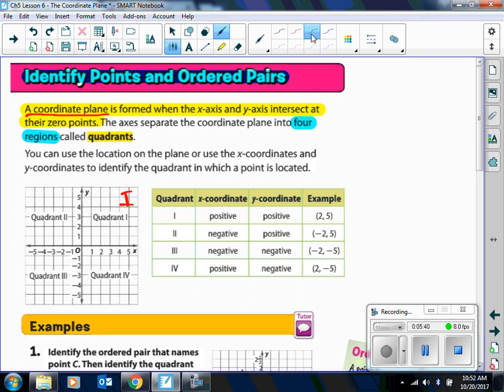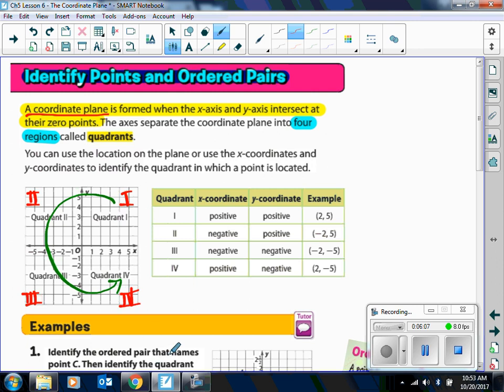The coordinate plane starts with a C, right? So if you go from the quadrant 1 to quadrant 4, does everybody see this? So quadrant 1, then quadrant 2 over here, quadrant 3, and we write them as Roman numerals. Quadrant 3 and quadrant 4.